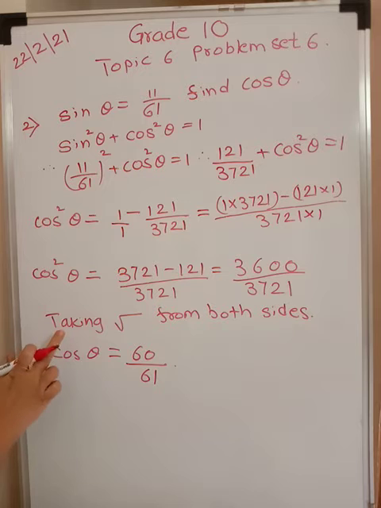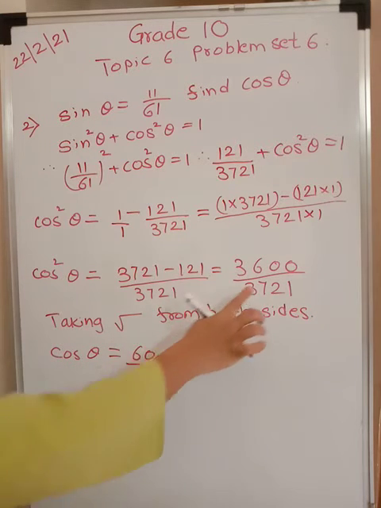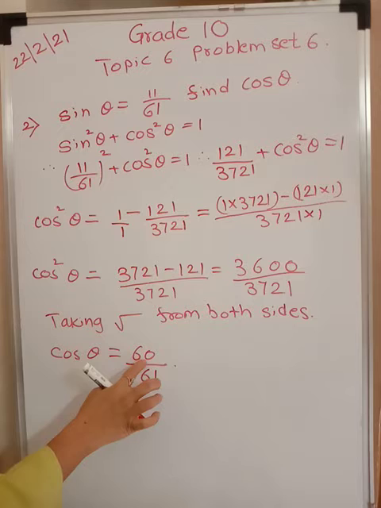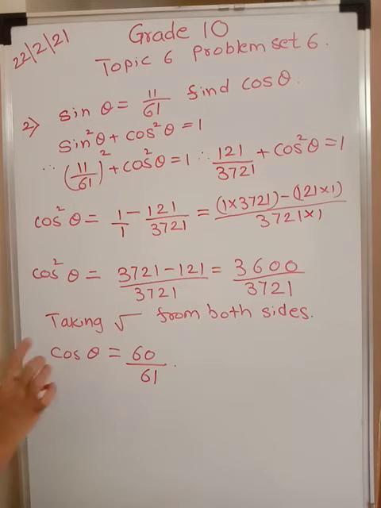But we want cos theta. So from cos square theta to cos theta we are moving. So I have written taking square root from both the sides. Square root of 3600 is 60 and square root of 3721 is 61. So we got cos theta is equal to 60 upon 61. I hope it is easy and you have understood. We have already done this type of problem earlier. Alright. Let's go to the third question.